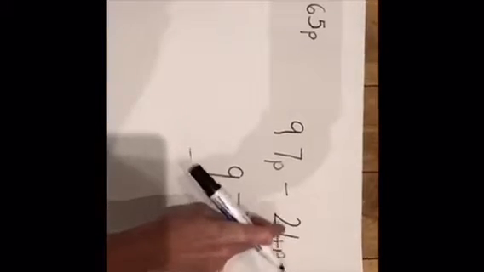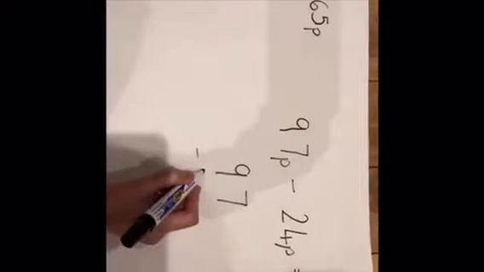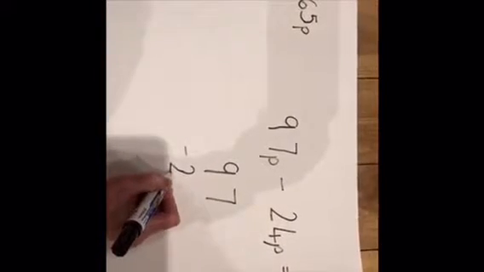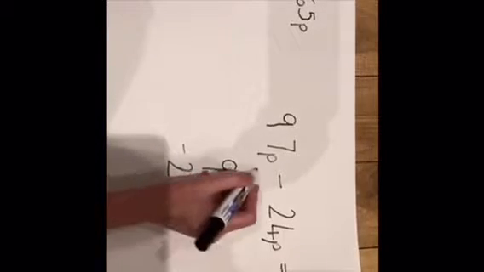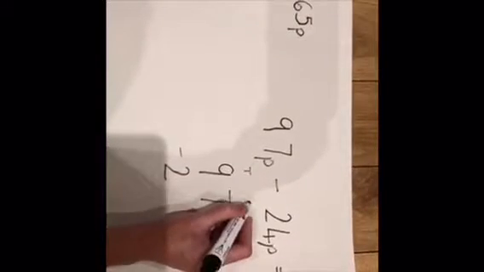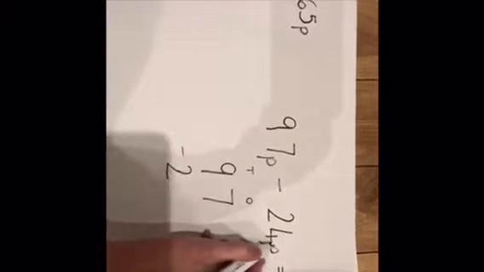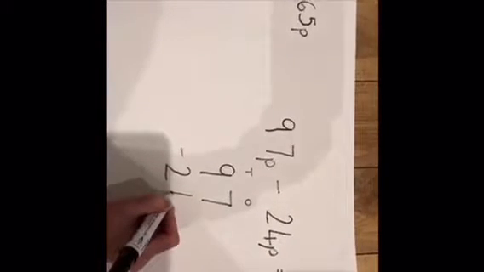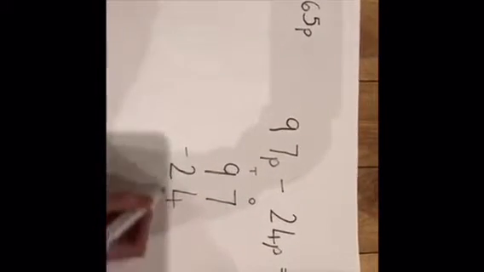So I'm going to do this. I know I need to put this underneath. Being careful where to put it. Have to make sure it's lined up with the tens are here and the ones. So 2 tens and 4 ones. Okay, like this.